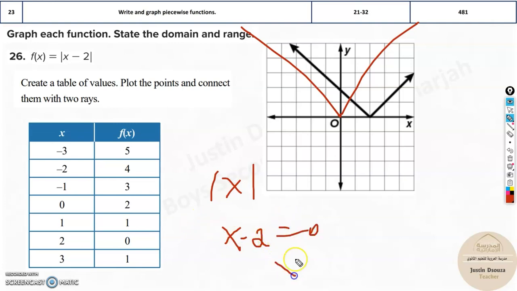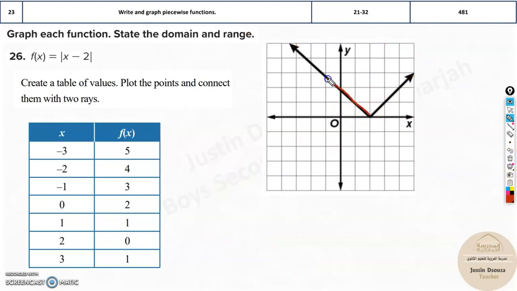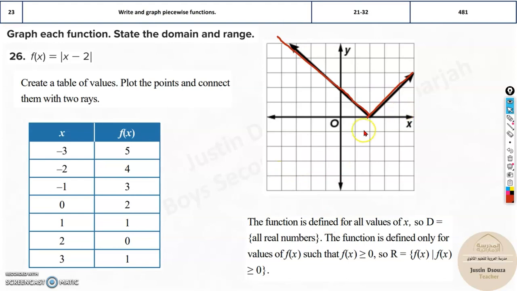Make it equal to 0. What is the x value? It is equal to 2, right? So it moves 2 to the right side. Otherwise, you can easily remember when it's minus, it will be plus 2. It moves to the right side by 2, and that is it. So remember for 1 unit, 1, like this. That'll be the absolute value function. Now you can write the domain and range. Range is all values greater than or equal to 0. Domain is all real numbers.